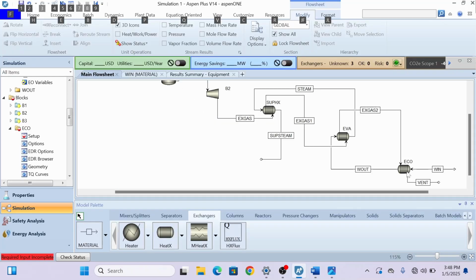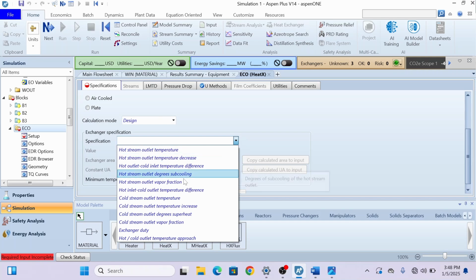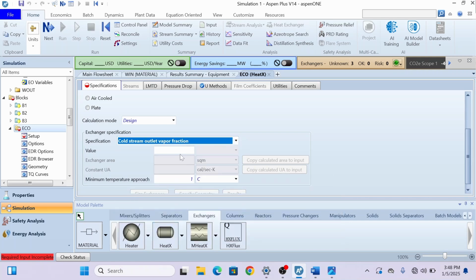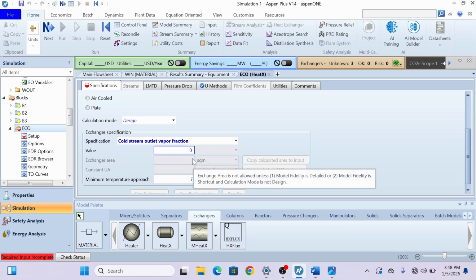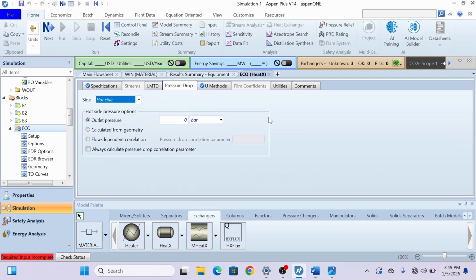For the sensible heat to be added, I will press this heat exchanger, and here I will specify the cold stream outlet vapor fraction, and here I will specify my value as 0. So this 0 will show how much heat you need to take this water at this pressure to its boiling point or just below the boiling point. So you can see my specification is okay, all are good.